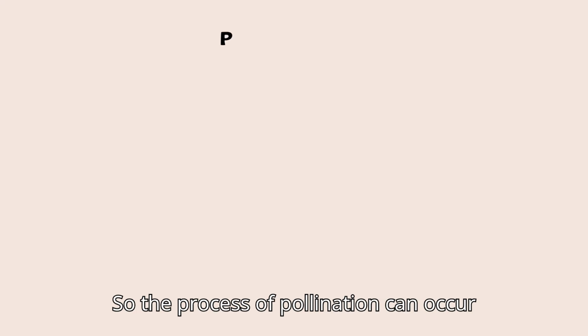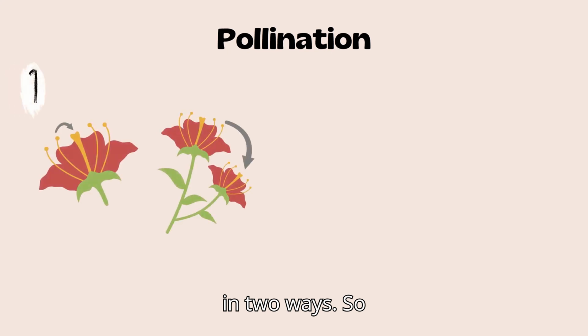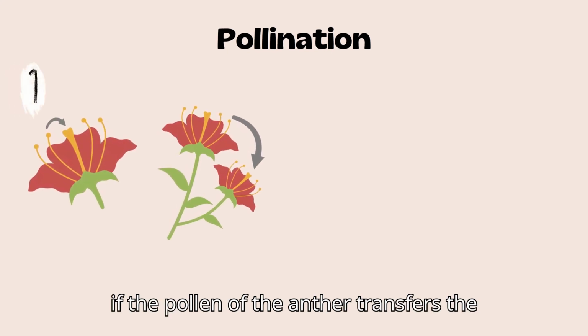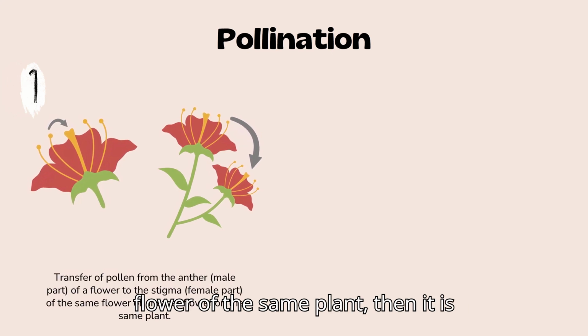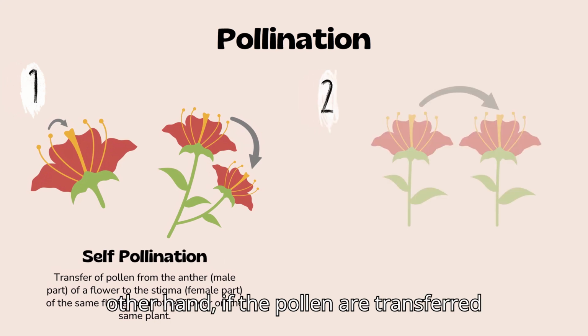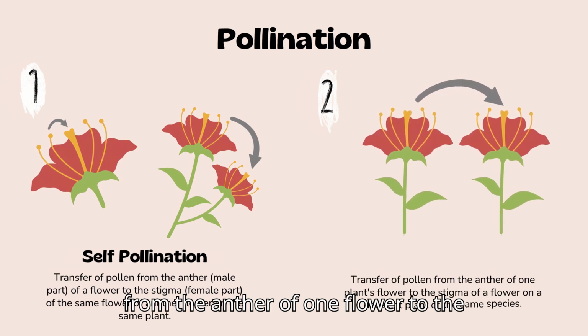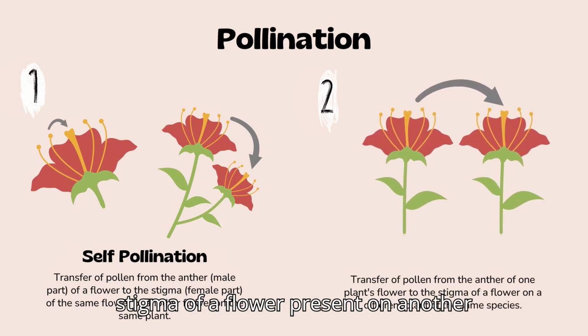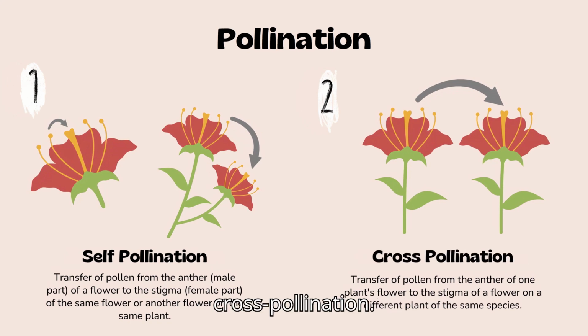Now the process of pollination can occur in two ways. If the pollen of the anther transfers to the stigma of the same flower or another flower of the same plant, then it is called self-pollination. On the other hand, if the pollen is transferred from the anther of one flower to the stigma of a flower present on another plant, then it is called cross-pollination.